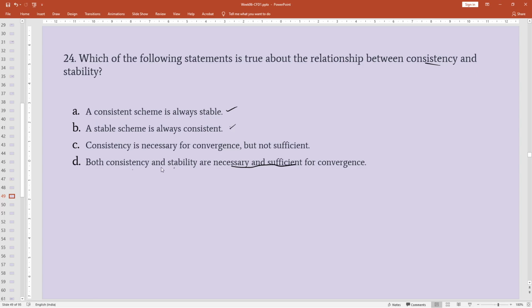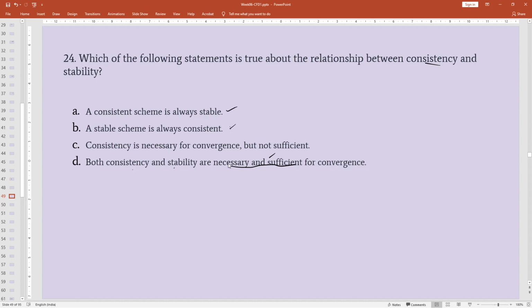If a scheme is consistent and stable, and all other conditions, boundary conditions, initial values, every other thing is right, then it will give convergence. Even the Lax theorem is narrowing down the properties for convergence actually. So it does not say that it is sufficient.